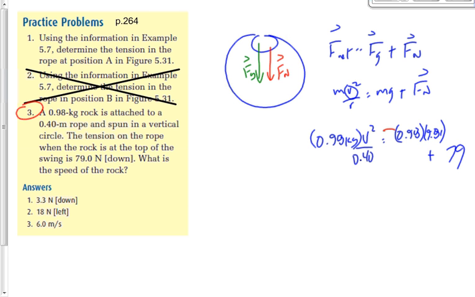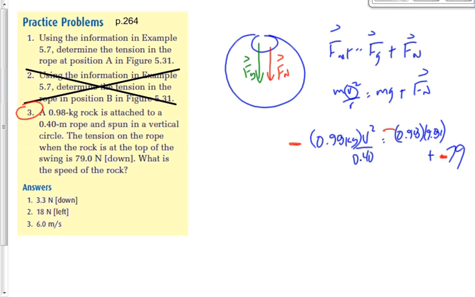Yeah, because it's downwards. Good. And what about the centripetal force? Even though I haven't plugged in numbers for all of the variables in centripetal force, once I start, I have to worry about positive or negative. What is it going to be? Positive or negative? Why is it negative? Good.